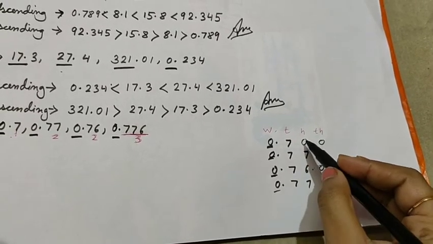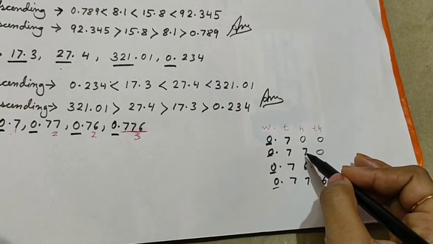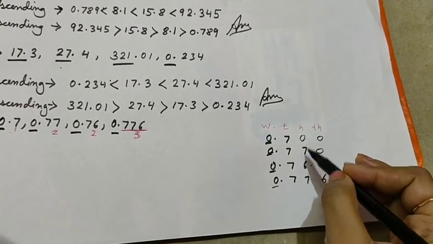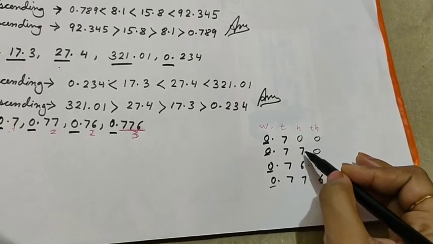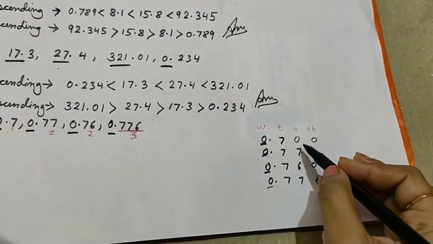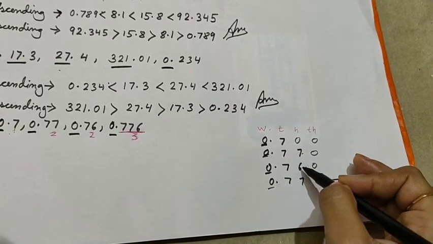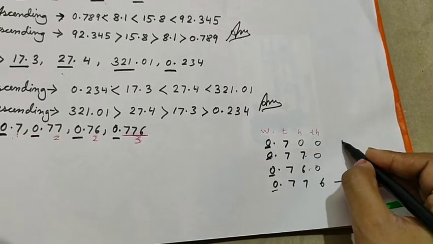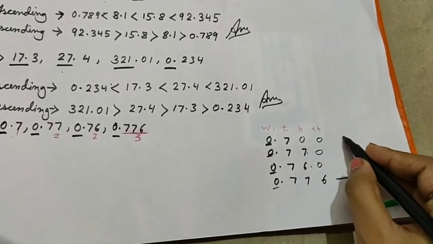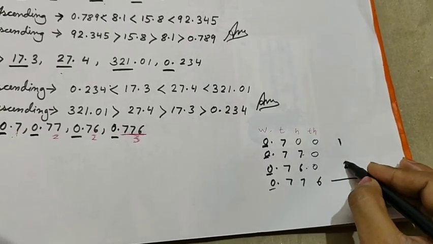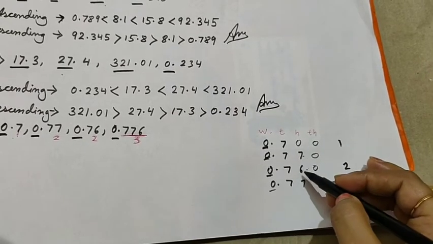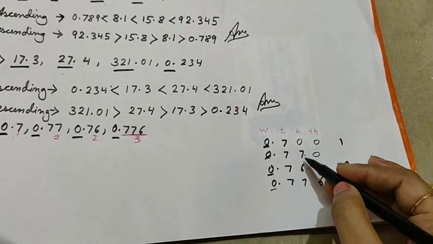Okay. So 0 is less than 7. But these two are 7, 7. But these are 0 and 6. So 0 is the smallest, so we will write 1 beside it. Now 6 is the second, because 0 is less than 6 and 6 is less than 7.